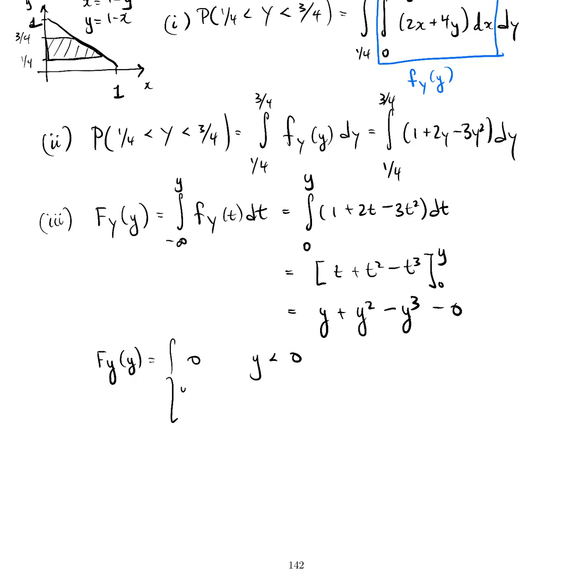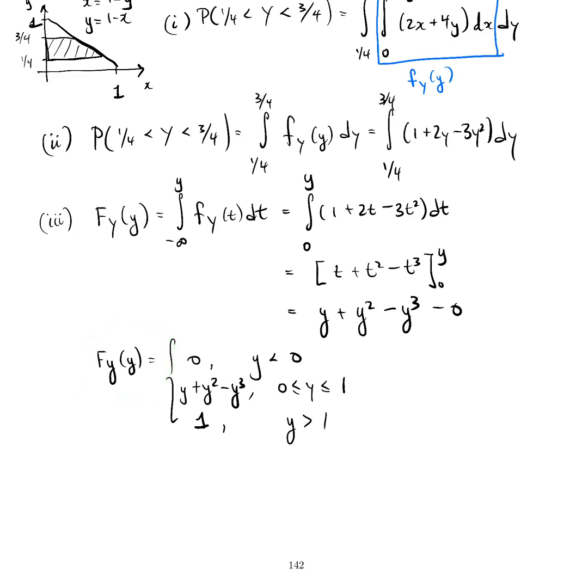It is y plus y squared minus y cubed on 0 less than or equal to y less than or equal to 1. And then once you get past there, you've accumulated the full probability of 1, and that is for y greater than 1. So there's the full CDF.